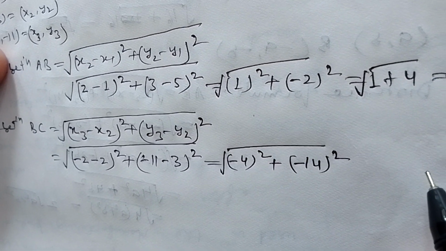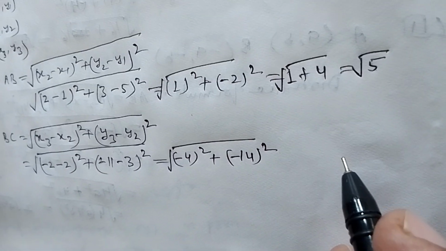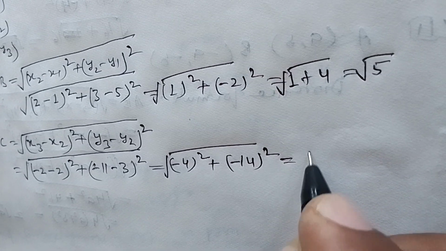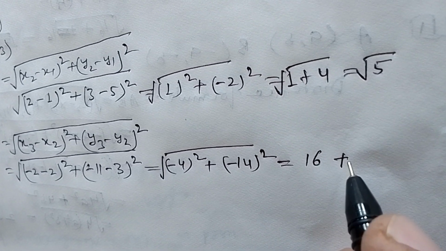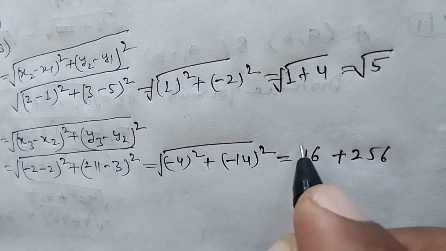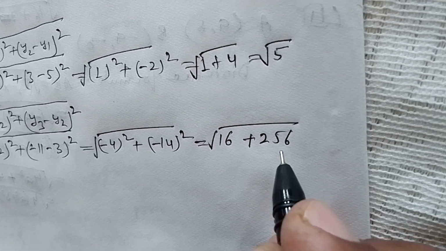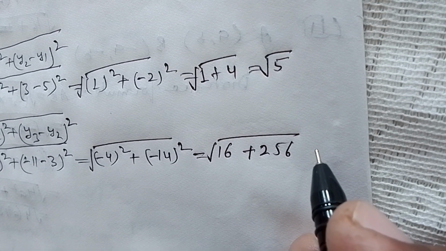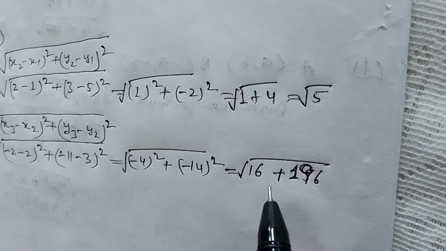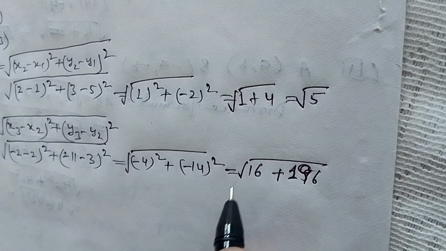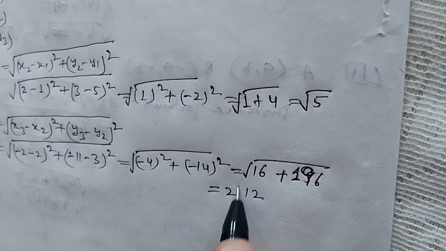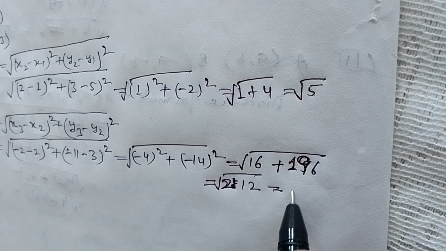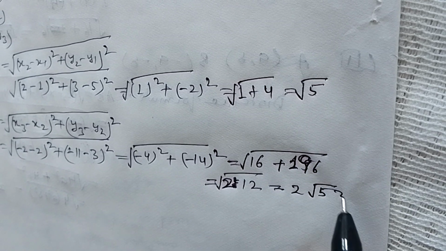So it will come out to be 16 plus 196, that comes out to be 212 under root, which on further simplification gives us the value of 2 under root 53.